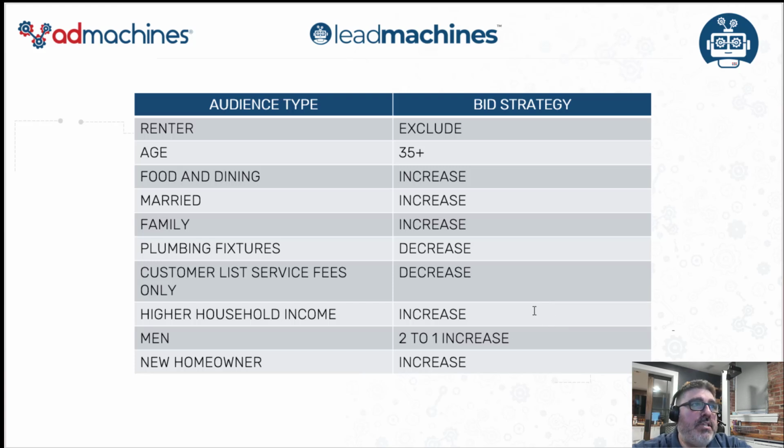Next, we're going to do something strategic here. We're going to take your customer list and pull out all of the customers that have done business with you, but they've only given you a service call fee. This list is people who weren't good fits, and they all share some common DNA, right?